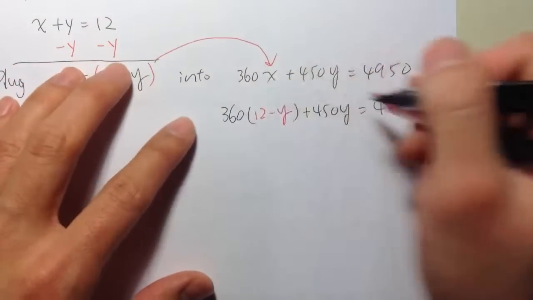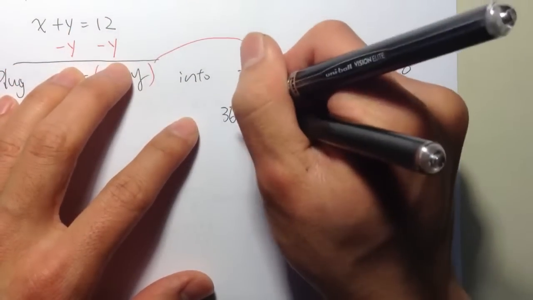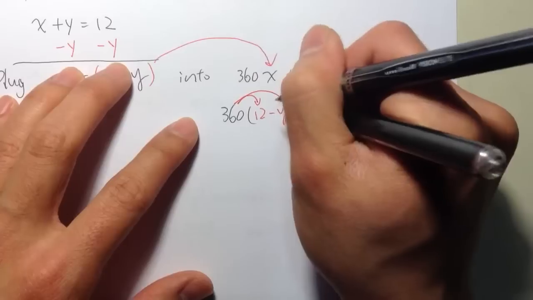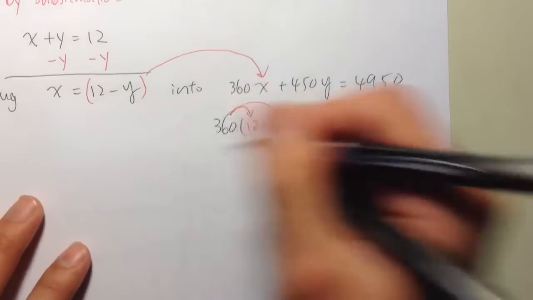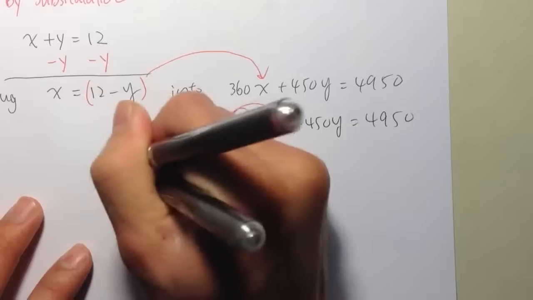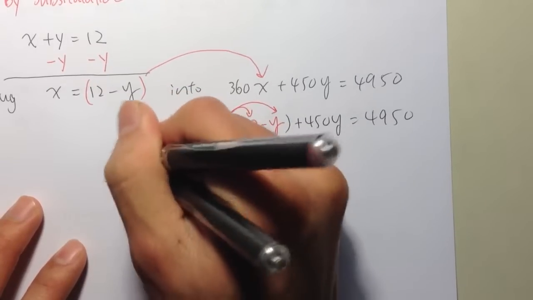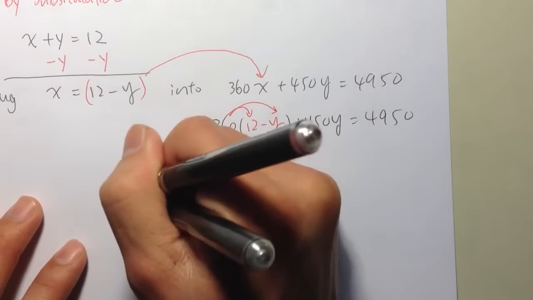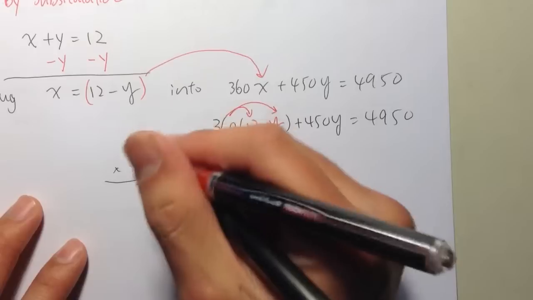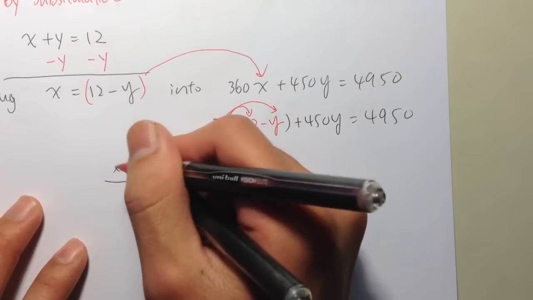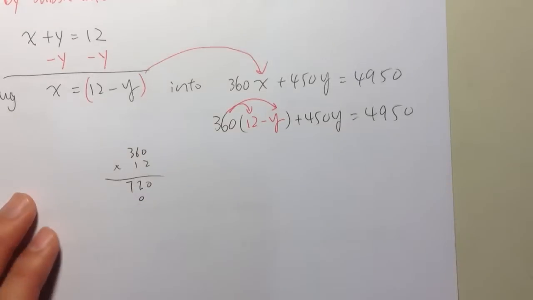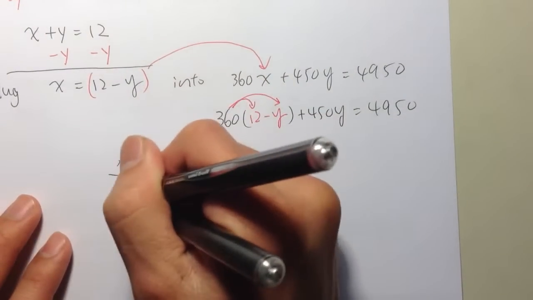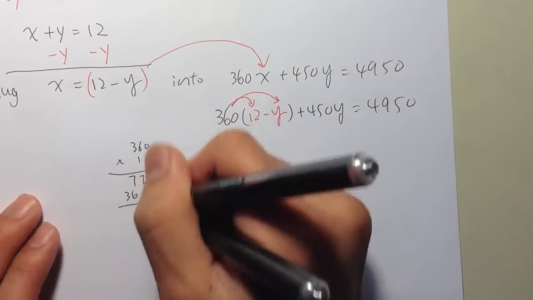Okay, so the usual business: take the 360 and distribute it inside. So 360 times 12, you can just work this out. 2 times 0 is 0, 2 times 6 is 12, carry the 1, and then it's 720. And then 1 times this, and it's 36. Just do the work, pretty much.